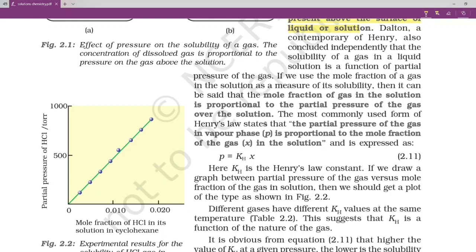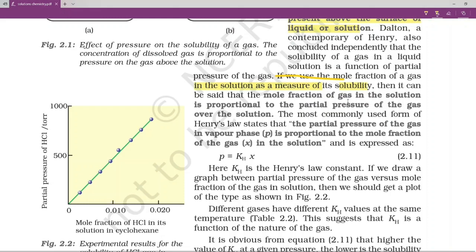The higher the mole fraction, obviously the more the solubility. That is what is written here. If we use the mole fraction of a gas in the solution as a measure of solubility, why? Because the more the mole fraction of that given solute, the more the solubility.